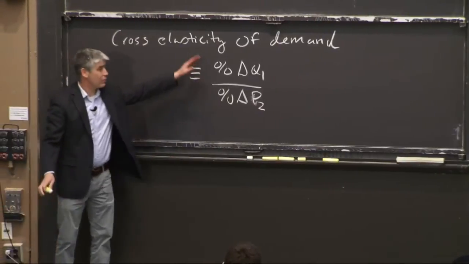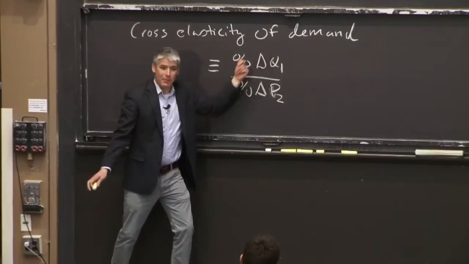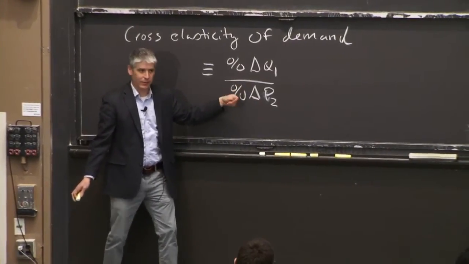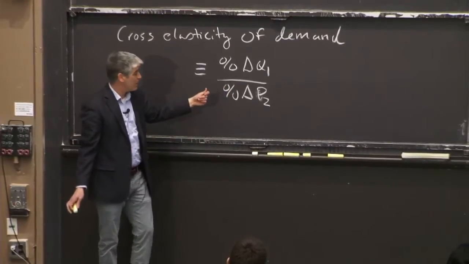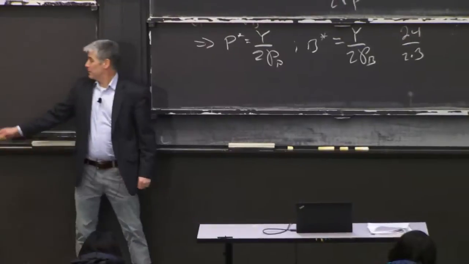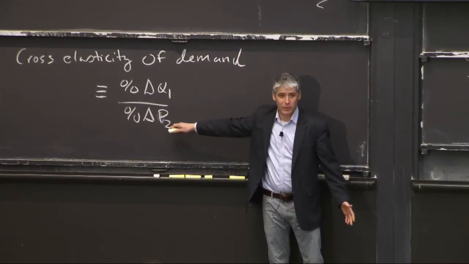This is just like how you define the elasticity of demand, except that the good on the top is different from the price on the bottom. That's why it's called a cross elasticity rather than a regular price elasticity. Here, this cross elasticity is exactly 0 because the percentage change in quantity of pizza as I change the price of root beer is 0, and vice versa.